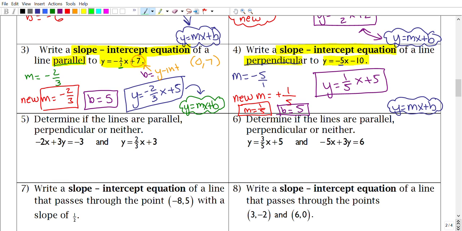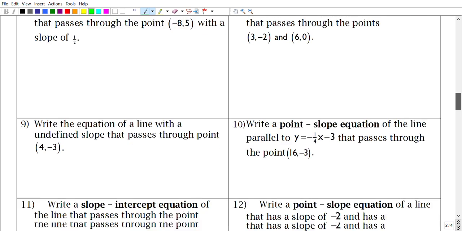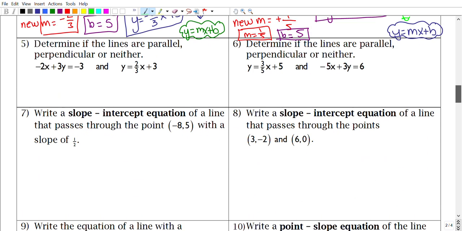Okay. Are these two slopes opposite reciprocals? Yes, they are. And is this of that form already? Yes, it is. So we are done. Okay, good. So let's go ahead and try a few more together, and then I'm going to have you guys try out these last few on your own.